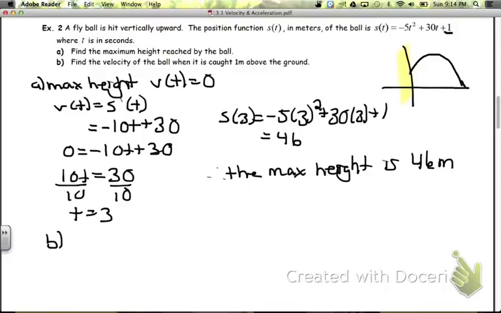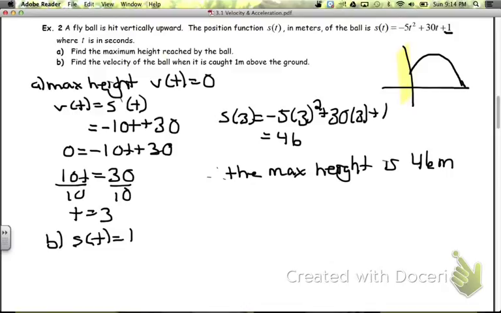Now for part B. Part B says find the velocity of the ball when it is caught 1 meter above the ground. So we're talking about the velocity when it's 1 meter above the ground. First things first, we need to look at s(t) equal to 1. We want to look at our position function to find out when it's caught.